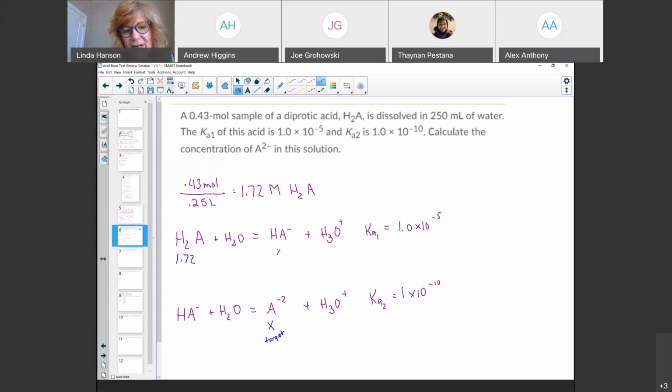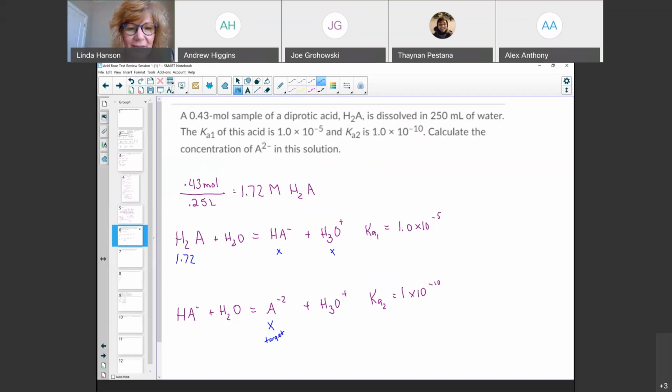And let's let the letter X represent the concentrations at equilibrium of HA and H3O+. We understand by now that when we have such small values of Ka, I can just toss out the value of minus X and make the math a little more simplistic. We called that the 5% rule when we were going through our notes together.